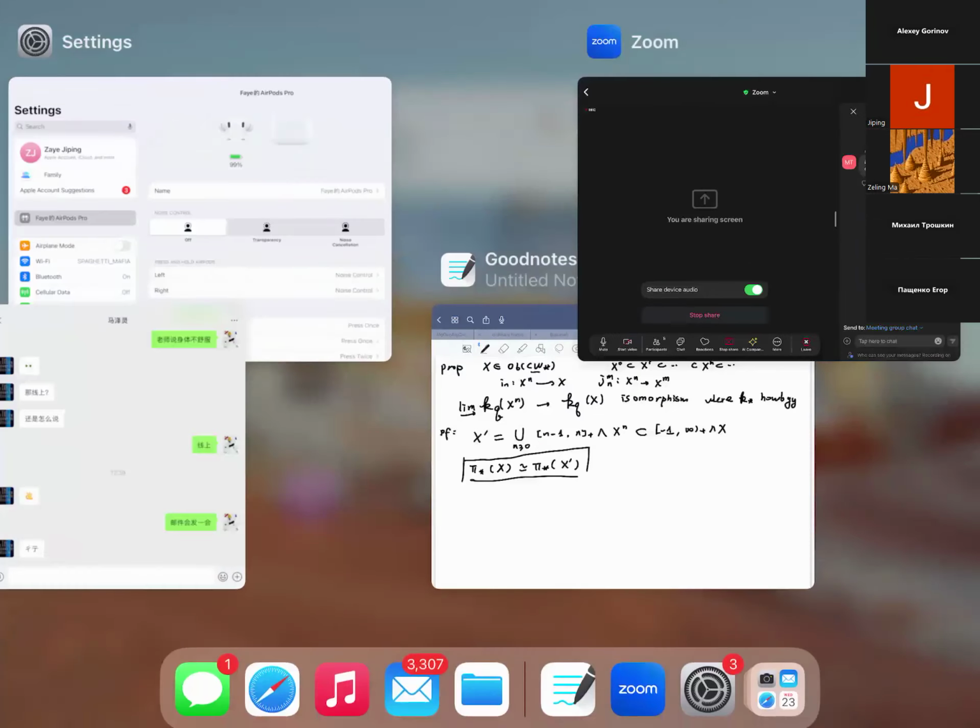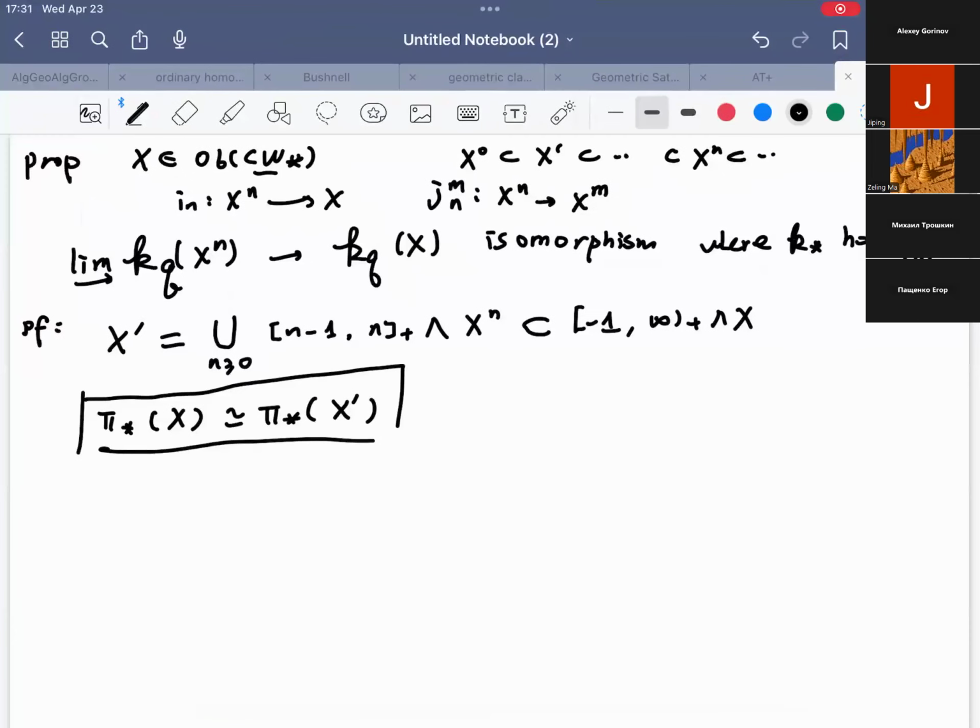In the definition of X prime, you have the sequence of such products. This is a smash product, not the cross product. This is the wedge product.